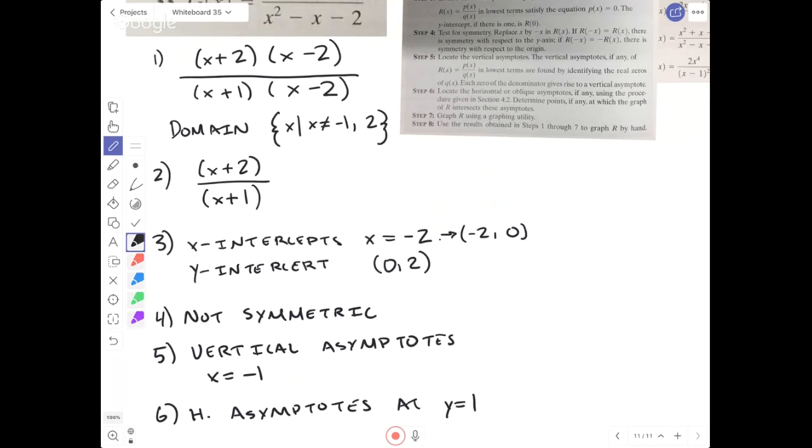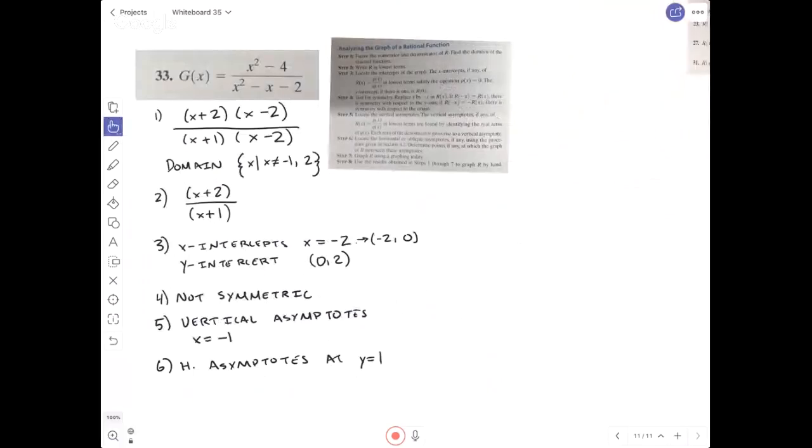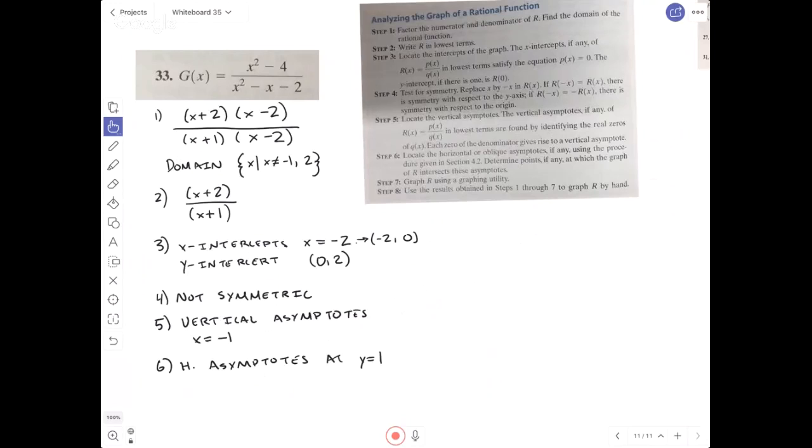Lindy just asked a great question. What do the holes look like? As soon as I get to graphing, we're going to show some holes on this problem. So number 7, let's move those other problems out of the way so they're not distracting. We can make our 8 steps a little bigger. Graph.